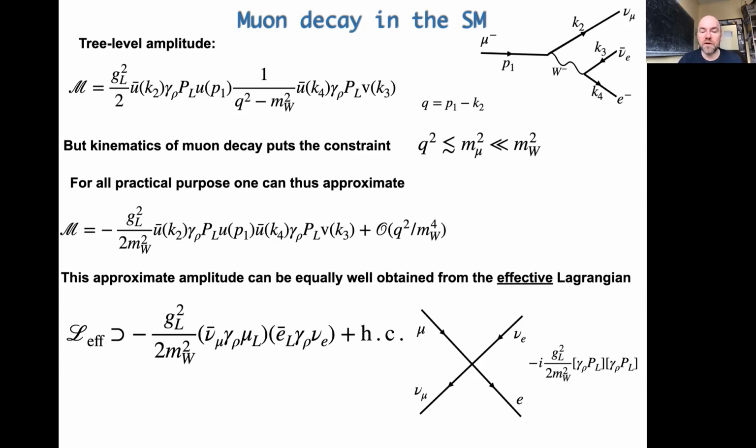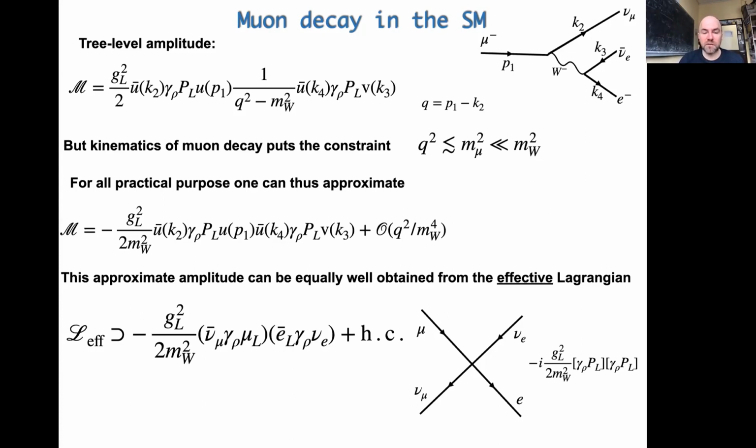If you go to loop level, you will find that your amplitudes depend on the logarithms of MW over MU. The logarithm of MW over MU is a parameter of the order of a few, and that makes the convergence of your perturbation theory much slower.